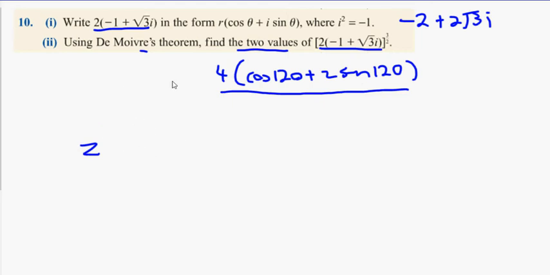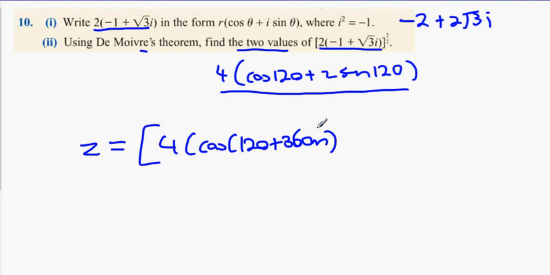Two values would mean z equals, and we're going to put this whole thing for cos 120. Now we're going to put in the angle plus 360n to account for the rotations, plus i sine 120 plus 360n. And what it wants us to do is to do this to the power of 3 over 2.